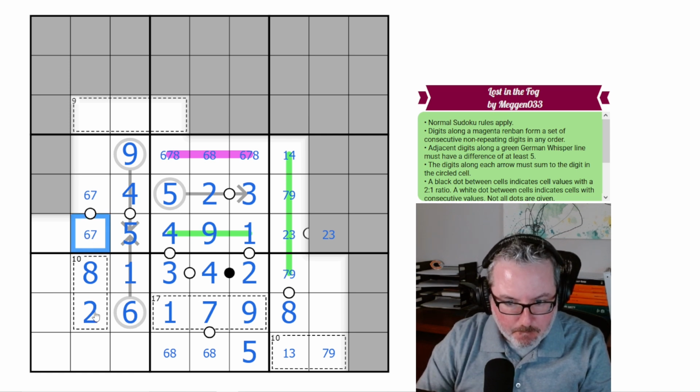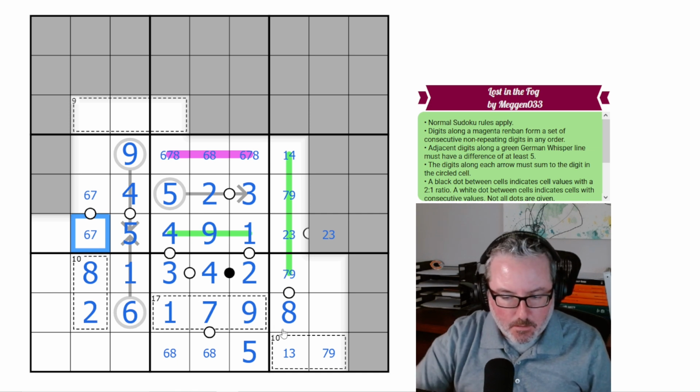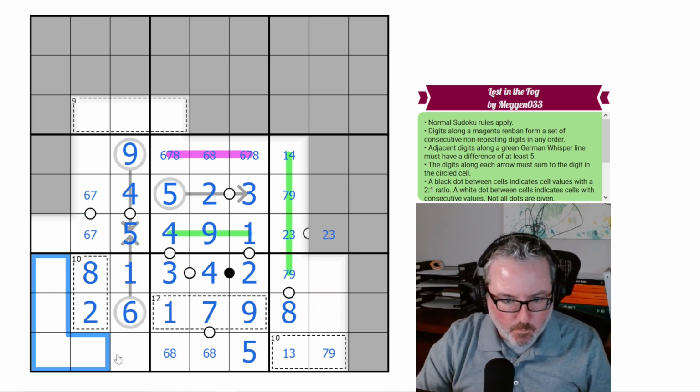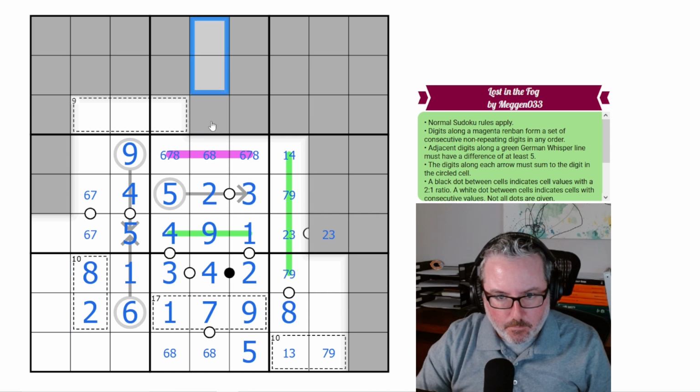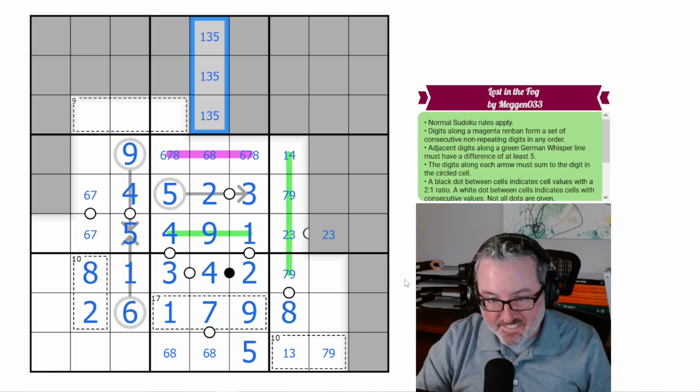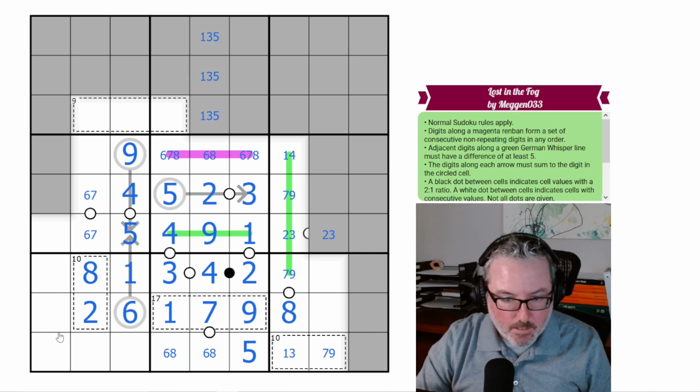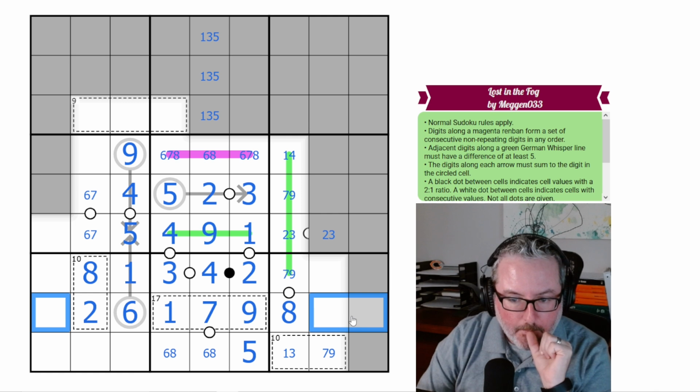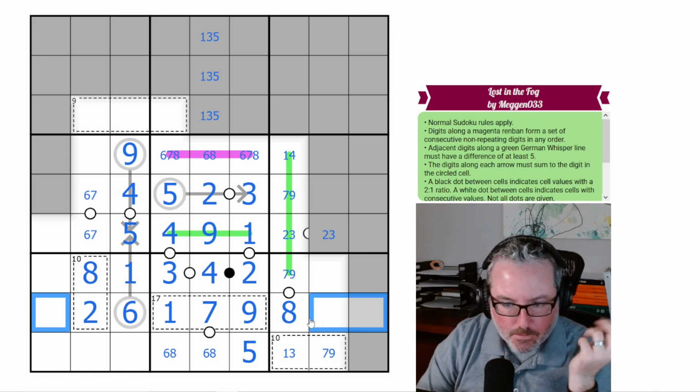Now, we do have quite a bit going on here, so I'm wondering where is the next place to really look. I mean, we kind of know what these 3 digits are. Is that really useful? Because we have a 6-8 pair and we have these given here. So we know these do have to be from 1, 3, and 5. I don't like that, but maybe we can do something with these rows because these are similar.